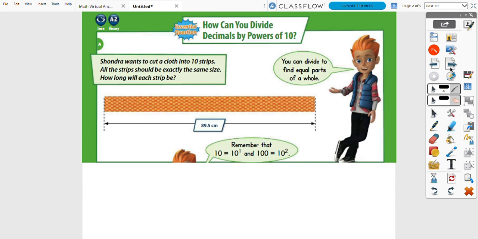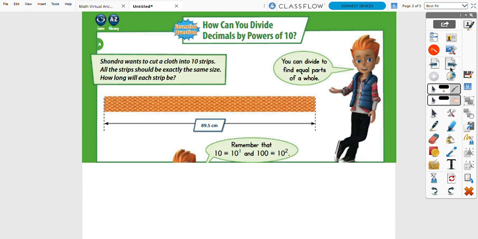Chandra wants to cut a cloth into 10 strips. All of the strips should be the exact same size. How long will each strip be? Let's look at the given information. We know that the material is 89 and 5/10 centimeters long, and it's going to be cut into 10 equal strips. So we have to think of what the expression is going to be.